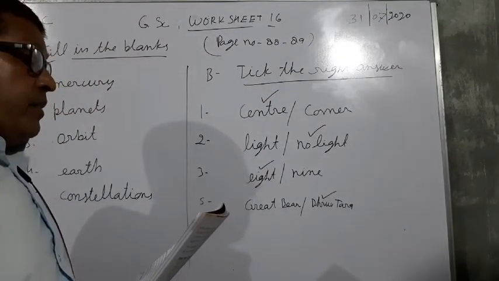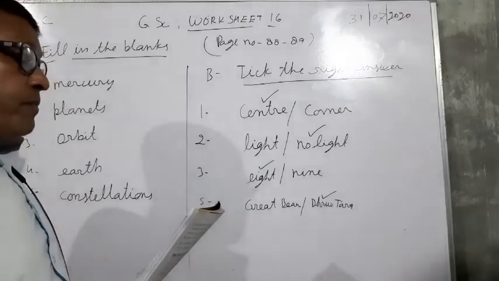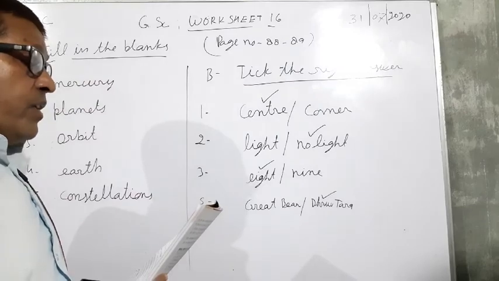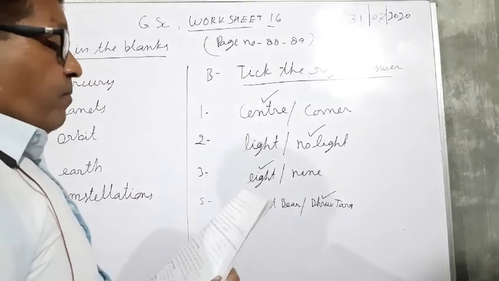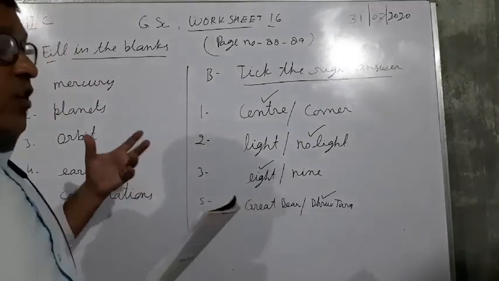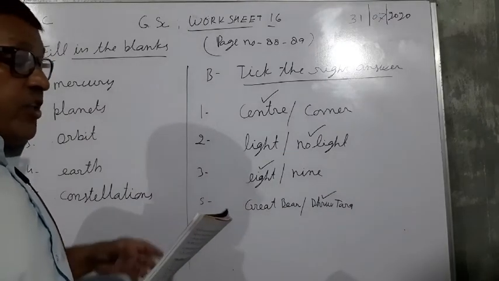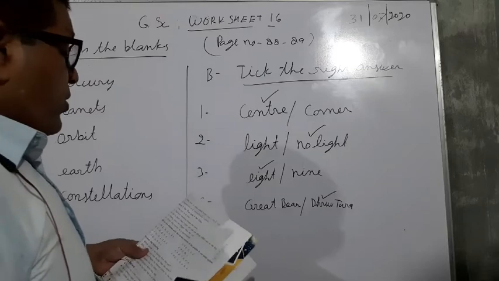Now next one, fifth. Saptarishi is a constellation or planet. You know that a group of stars making some specific structure is called a constellation.